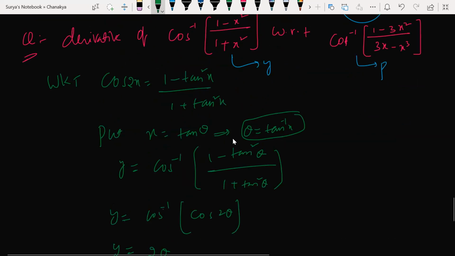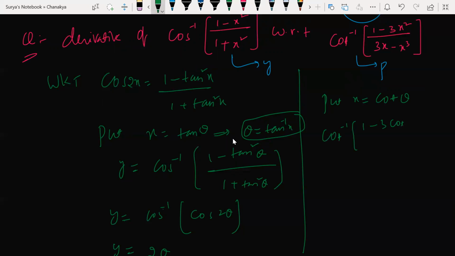This is what I took. Now if I talk about the p function, I'll substitute x is equal to cot theta. So now what are we going to get? Cot inverse of (3 cot theta minus cot cube theta) by (1 minus 3 cot square theta).